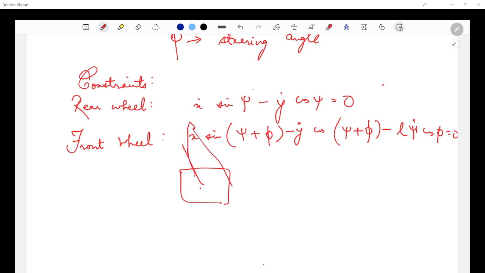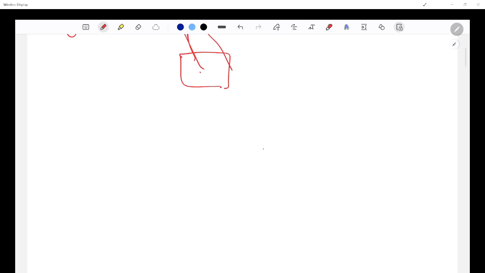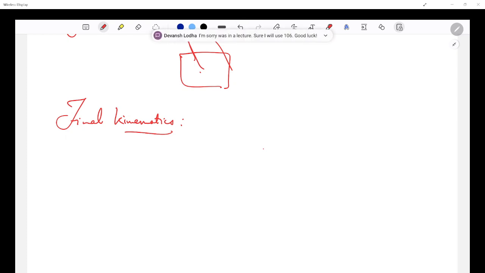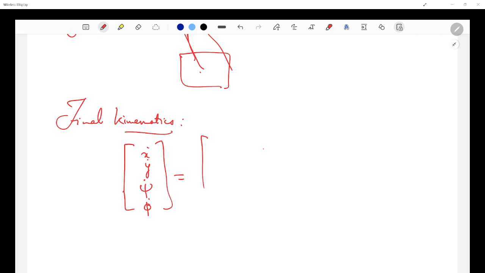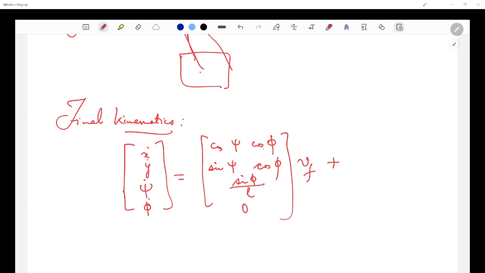So you might have seen this kind of diagram. From here, the final kinematics that we have here are x dot, y dot, psi dot and theta, and phi dot is equal to cos psi into cos phi, sin psi into cos phi, sin phi by L and 0 into Vf plus 0, 0, 0, 1 omega, right?